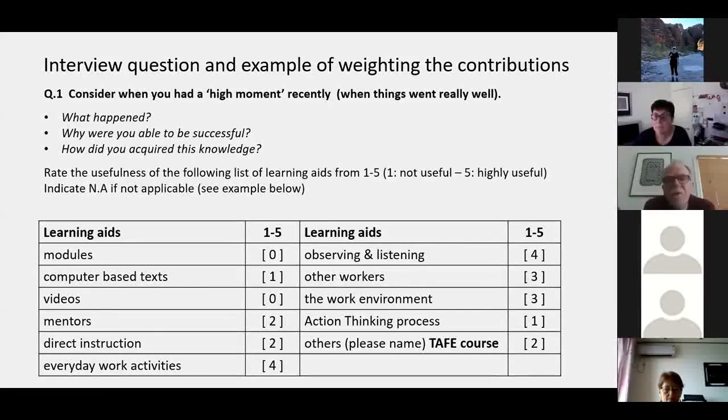So the person would tell me the issue that they'd addressed, how they'd had a success in this case, and then I'd get them to indicate on a scale, and I've given an example here of between 1 and 5, what they said was helpful to that particular incident.